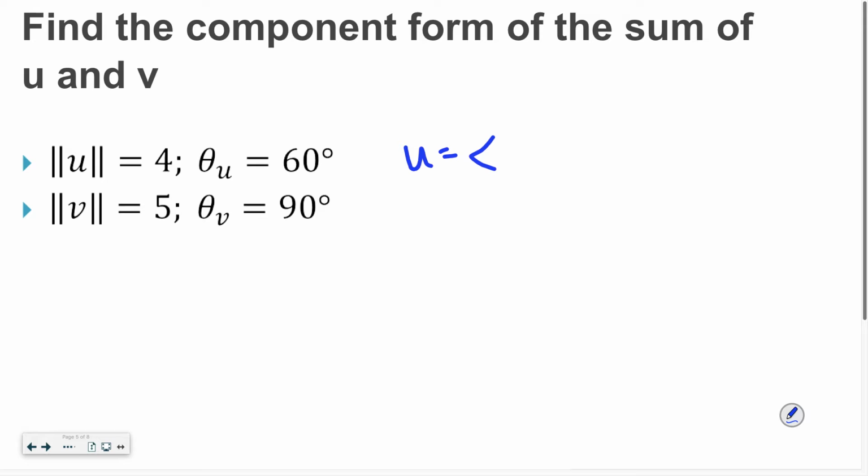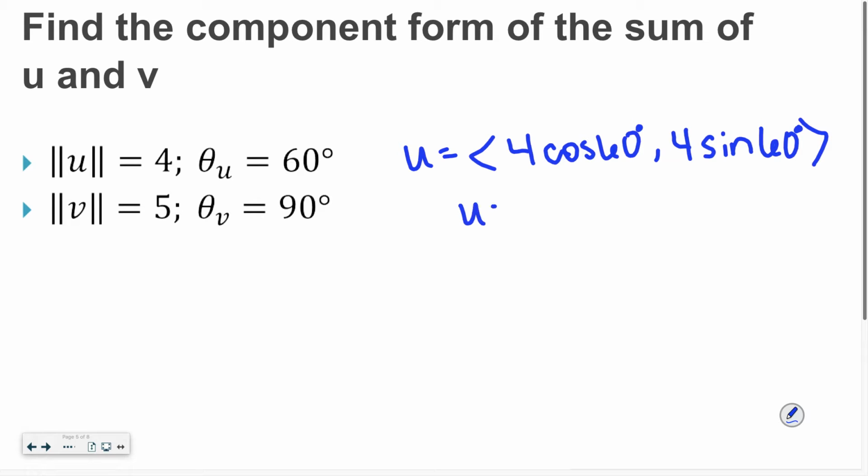So vector u, in order to write each of the components, we need to write magnitude times the cosine of the angle and magnitude times the sine of the angle. 60 degrees is one of our special angles, so I will expect you to give me exact values here.